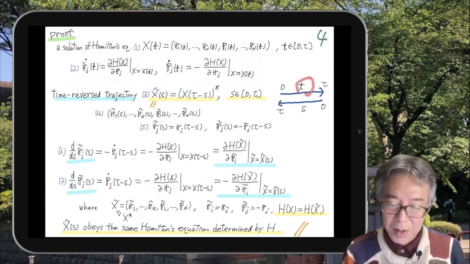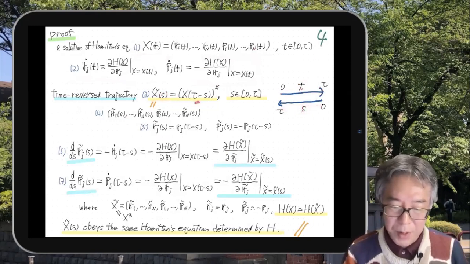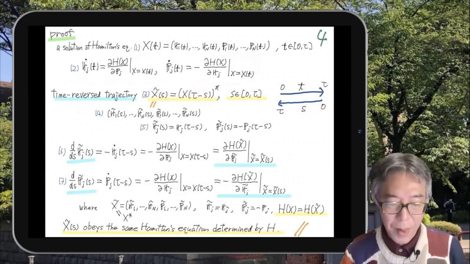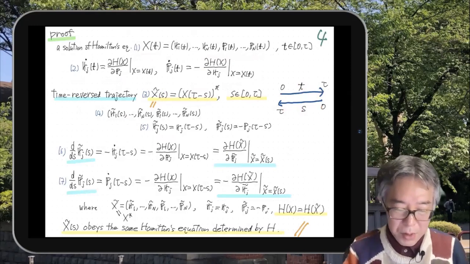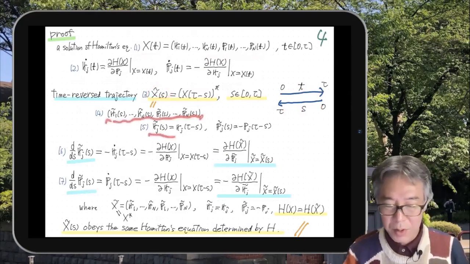Our original time t goes from 0 to tau, and then s, this new time, goes like this. So this s is basically defined by the equation that this is equal to t, right? So if s goes from 0 to tau, then inside here, this goes from tau to 0. Anyway, so let's write this x tilde like this, and of course it's written like this.